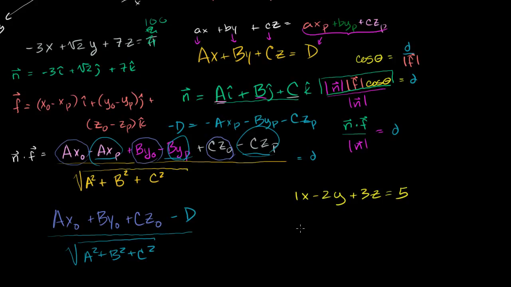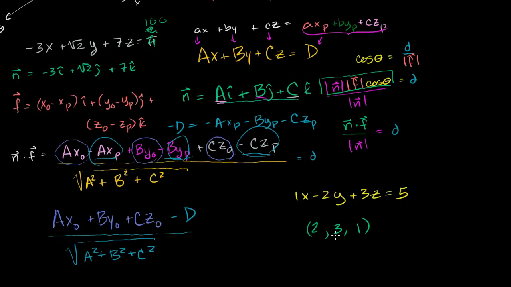So let's say I have the point 2, 2, 3. Let me make sure it's not on the plane. Let me just pick a random one. So this definitely is not on the plane, because we have 2 minus 6 plus 3, that gives us -1, which is not 5. So this is definitely not on the plane.